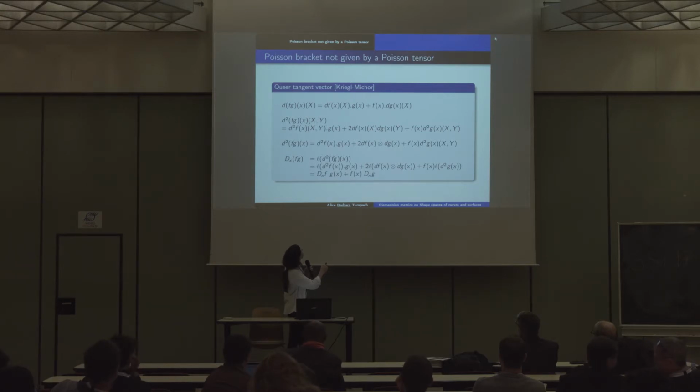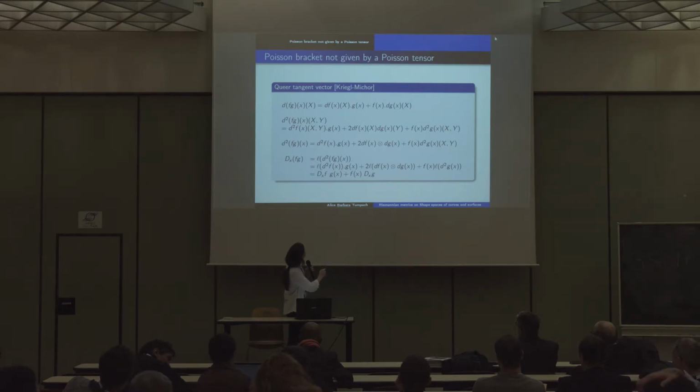Oh, there probably I missed something here. There should be dfx applied to x times dgx applied to y plus dfx applied to y. So there is a mistake here.